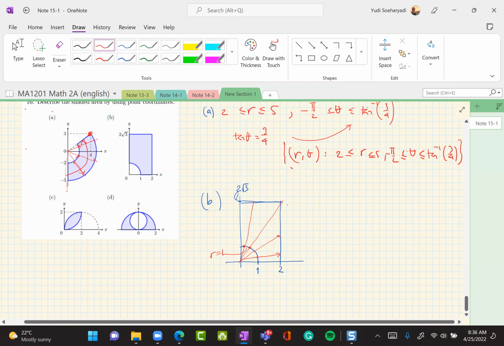So this horizontal line. So we need to find that threshold. Okay.